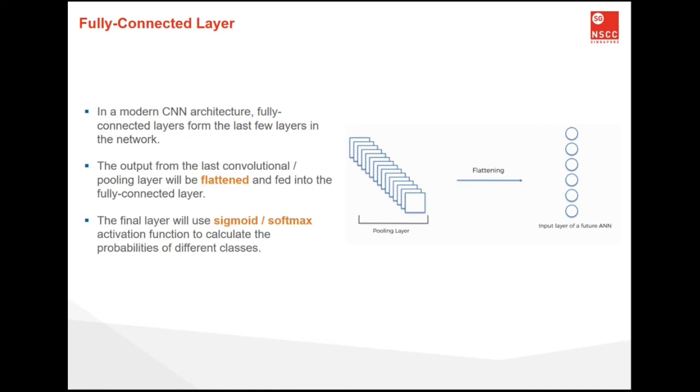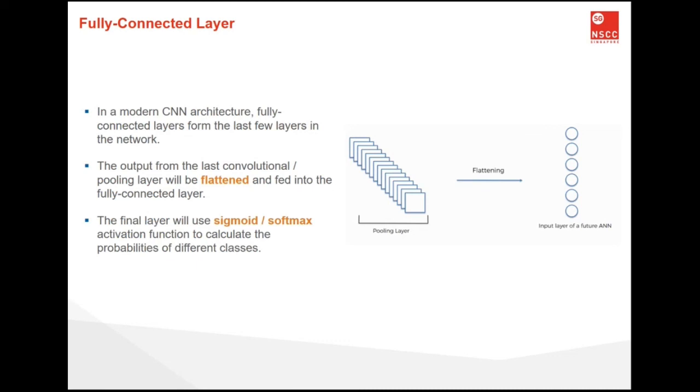This flattened vector is then connected to a few fully connected layers, which are the same as artificial neural networks and perform the same mathematical operations, if you recall. That is, a linear transformation followed by a nonlinear activation transformation.